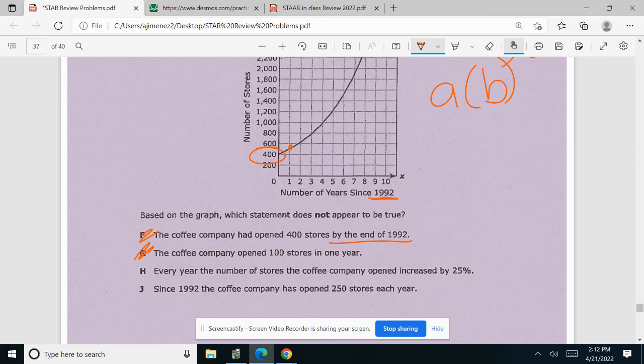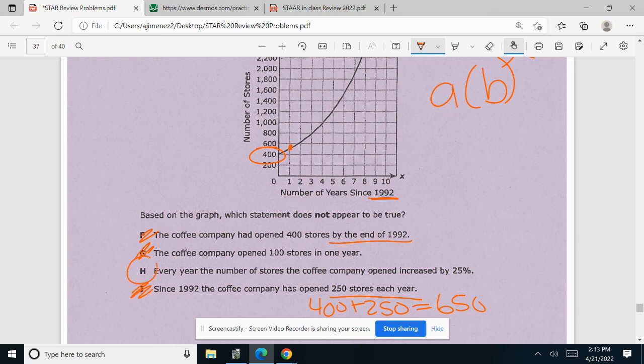The next one said 1992, the company opened 250 stores each year. No, because 250 stores each year would be that the first year it opened, that's 400 plus 250. That means that it would have been 650, and this only got to 500.